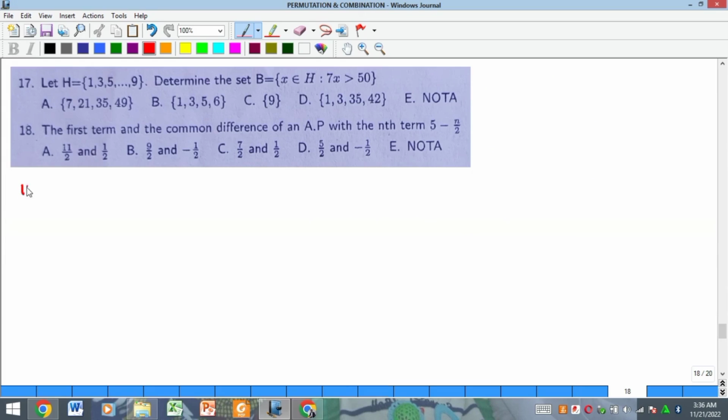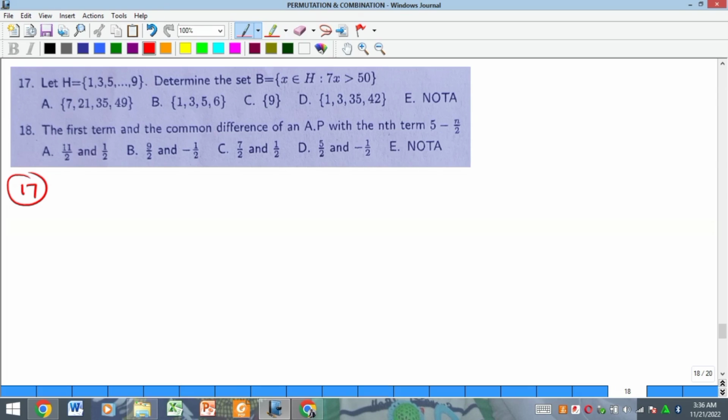So for number 17 now, we are asked to determine what set B is going to be if these definitions hold. And what was the first thing? That the elements of set B must be from set H, and such that this happens.